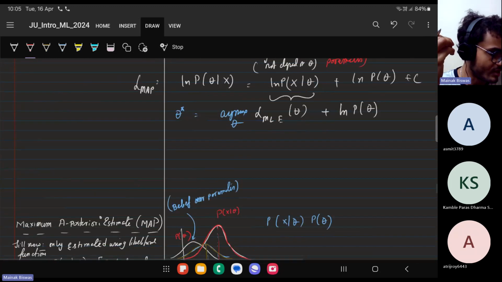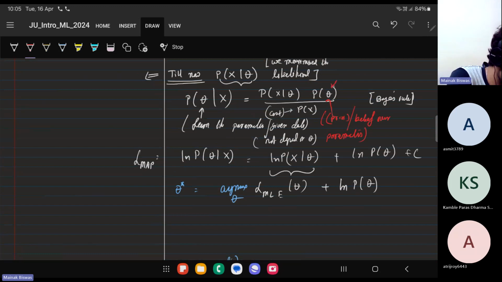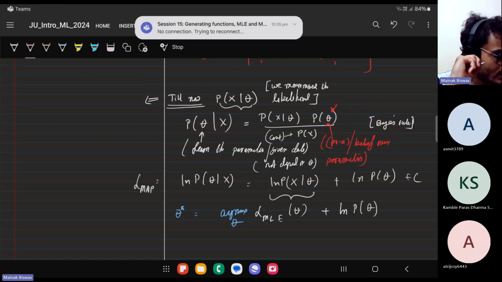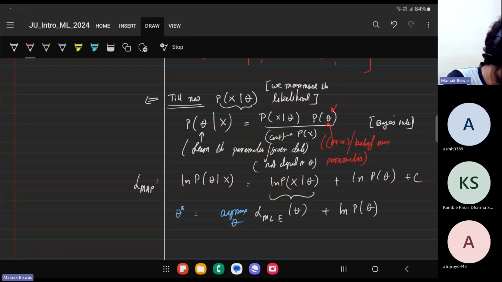So again, the takeaway message is that you are using these priors to help regularize your model.